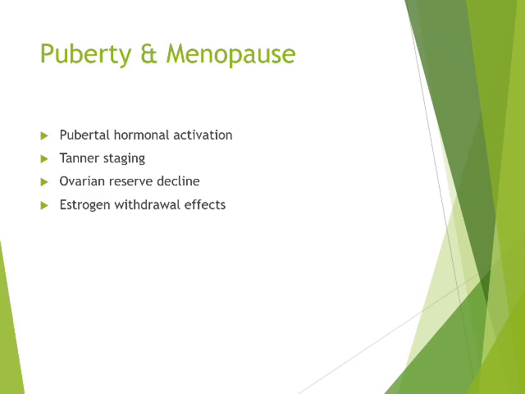Puberty and menopause are part of our course, to know the secondary sexual characters of puberty and the age of it, and also some abnormalities of puberty. Menopause is the age after 50 or 51, when there will be no menstrual cycles and no ovulation, with hormonal changes and physical changes during this period.